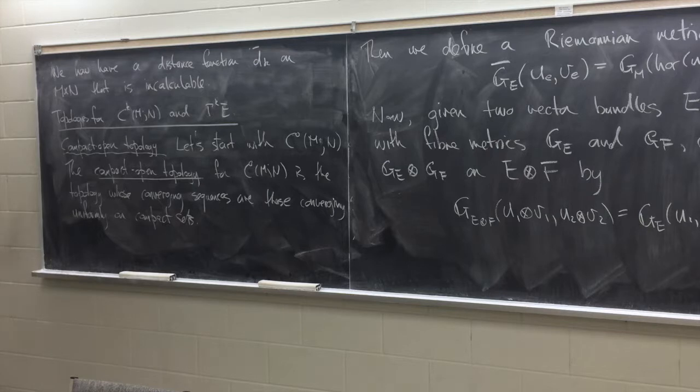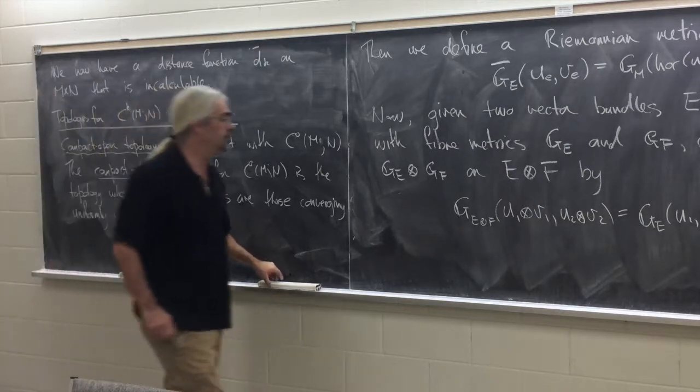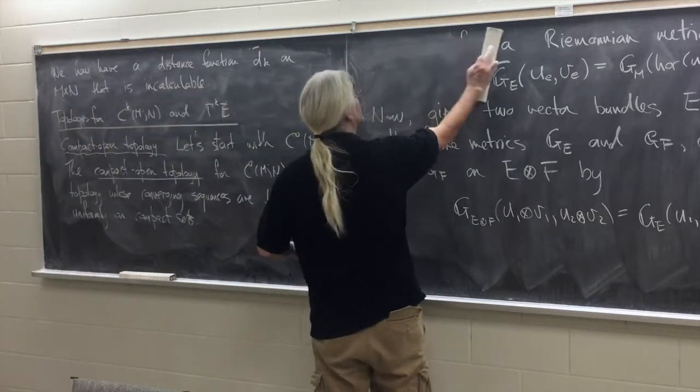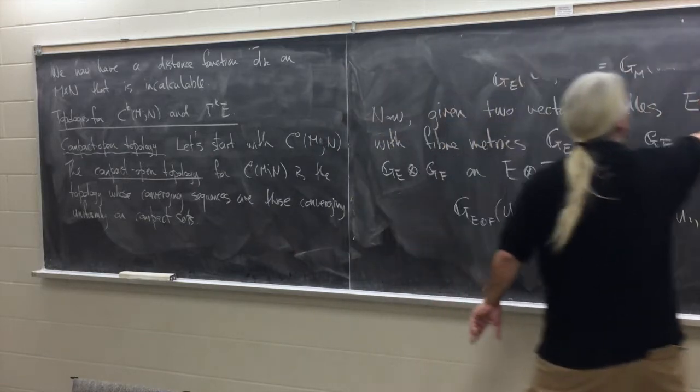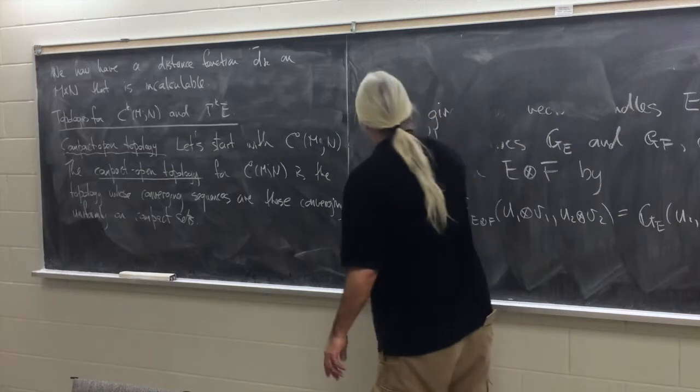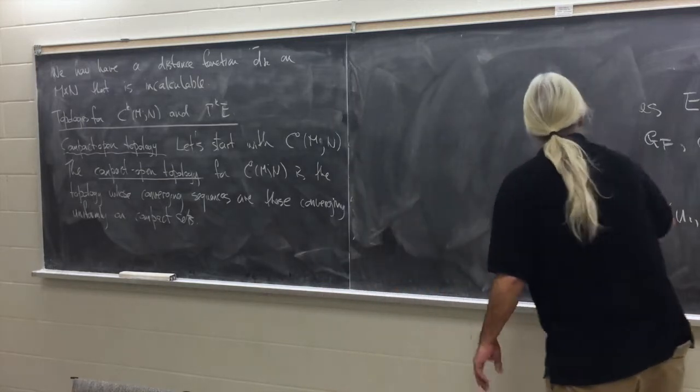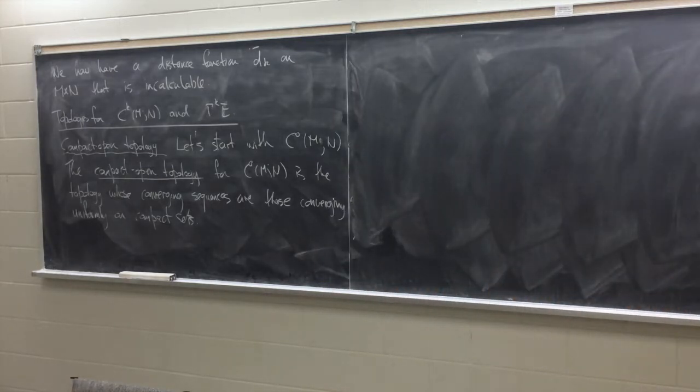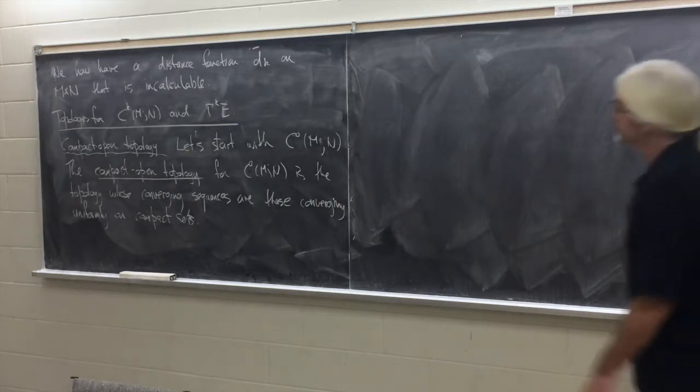So that's a simple way to understand the compact open topology for continuous mappings between manifolds. We're going to use that to think about the topology for spaces of finitely differentiable mappings.